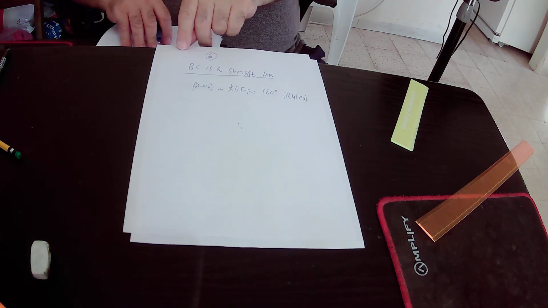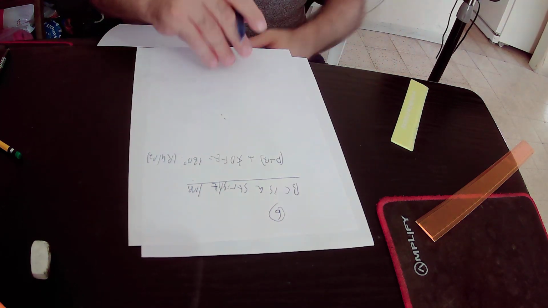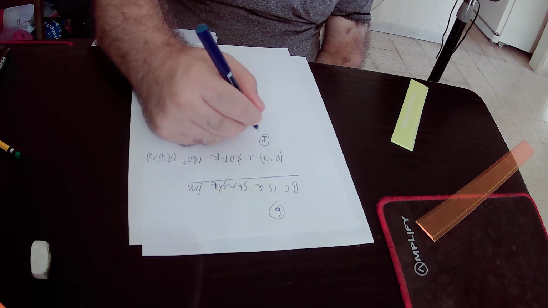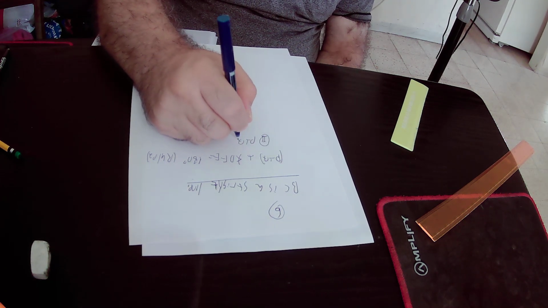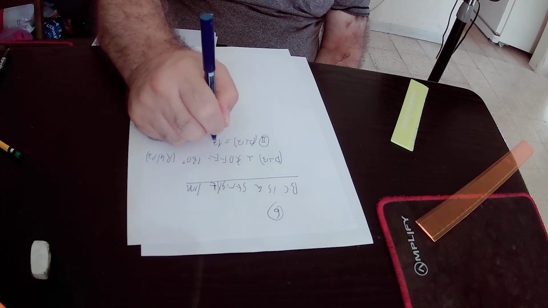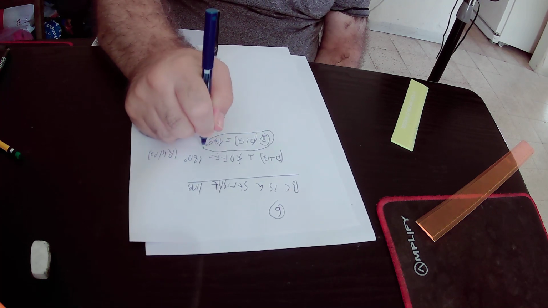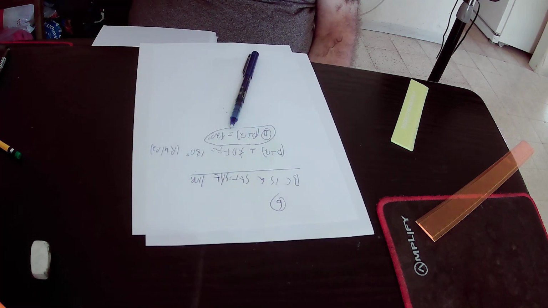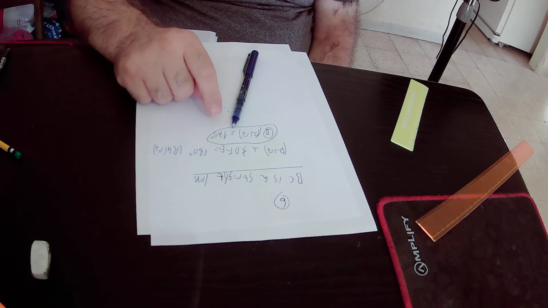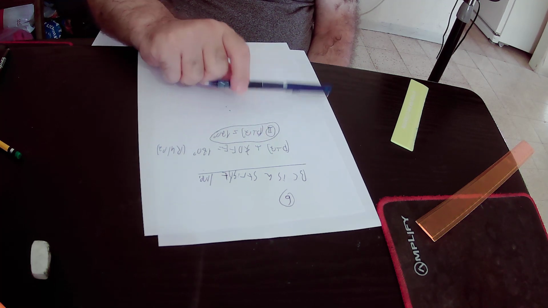But we have already found out in question number 2 that P plus Q equals 120 degrees. So we can substitute P plus Q in this equality by 120 degrees.